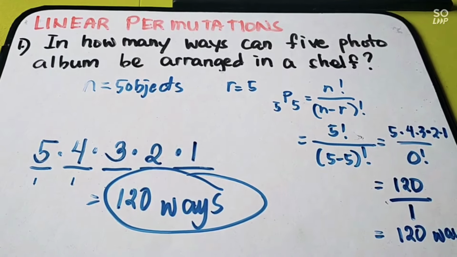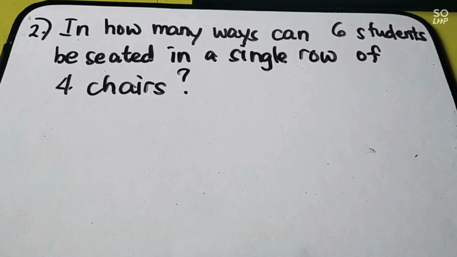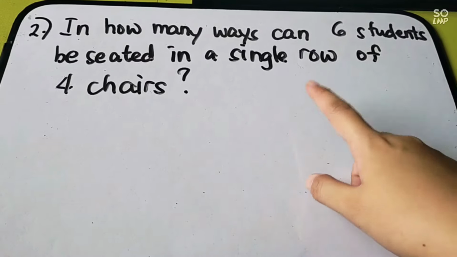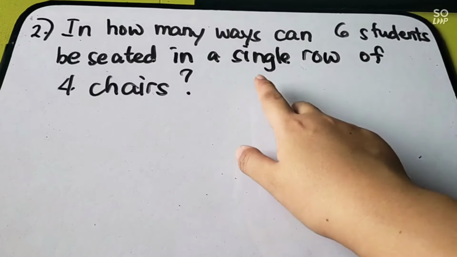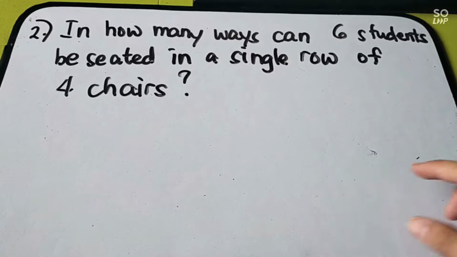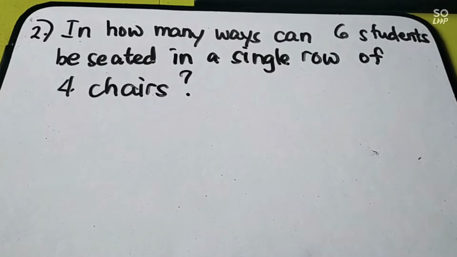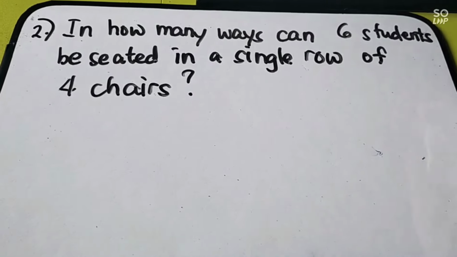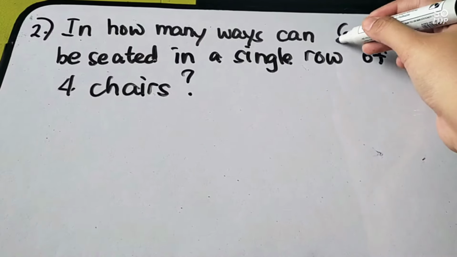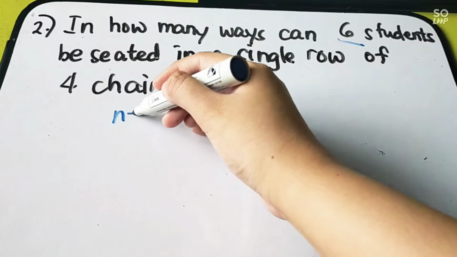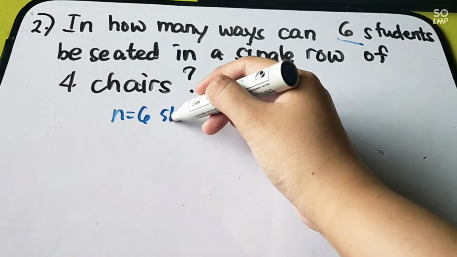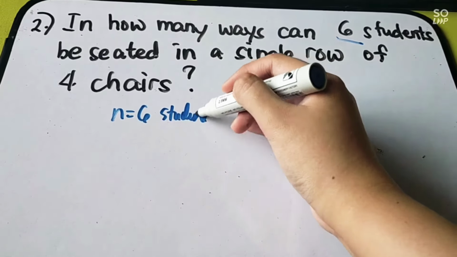Let us have another example. Number 2. In how many ways can 6 students be seated in a single row of 4 chairs? So, this one, ilan yung involved nating objects? So, we have 6 students. So, that is your n. We have 6 students. That is your object.